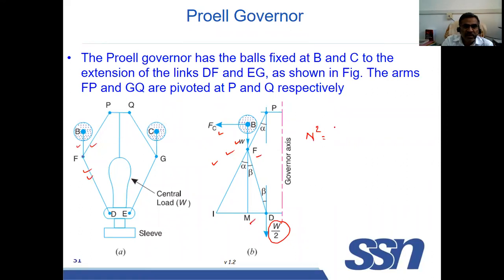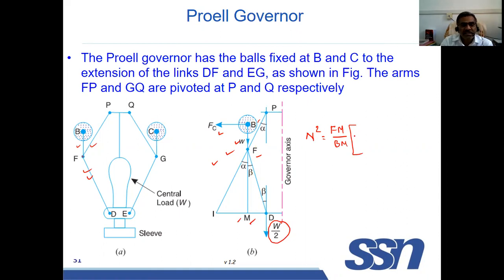To calculate the speed, N squared is equal to FM divided by BM, within brackets.